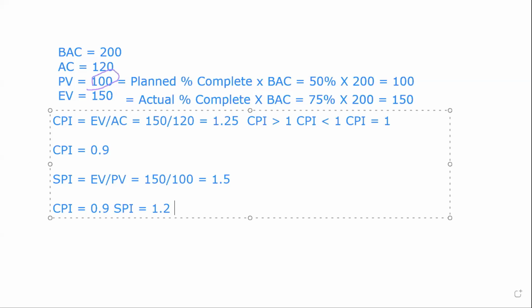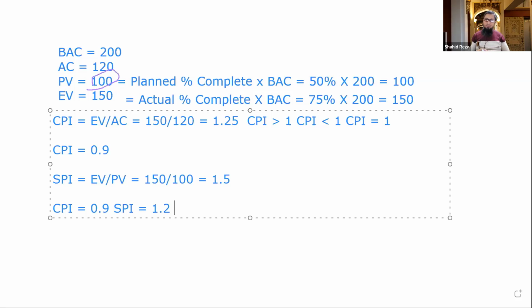I can't understand how this can actually happen. For SPI we are ahead of schedule, and for CPI we are under budget. Under budget means? We are not. Bad scenario is bad, and that is actually an over budget scenario.